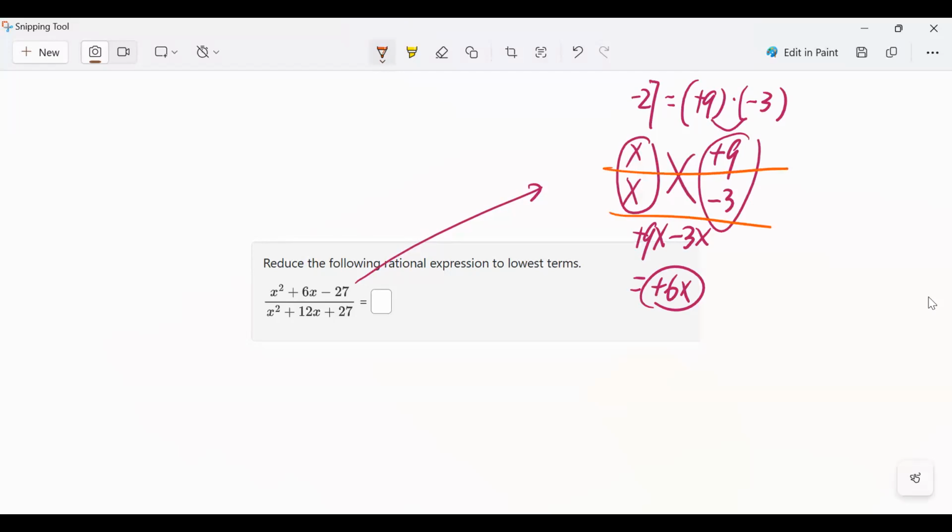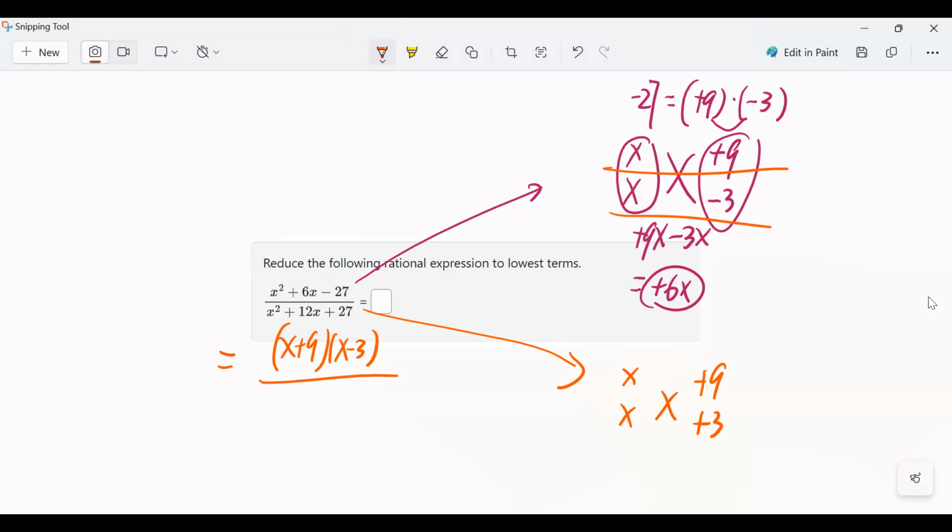So the factoring should be x plus 9, x minus 3. On the bottom, again, write down the first term, x times x. The last term will be positive 9 times positive 3, 3 times 9, 27. We add them to get positive 12.